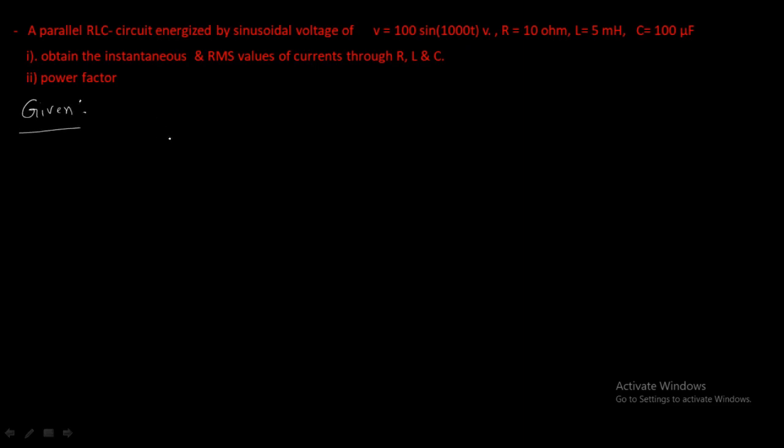The given data is: a parallel RLC circuit is energized by the sinusoidal voltage V, the same value, 100 sin 1000t volts. R equals 10 ohms, L equals 5 millihenry, C equals 100 microfarad. The question is to obtain the instantaneous and RMS values of the currents and the power factor.